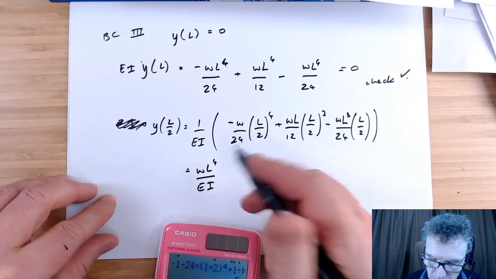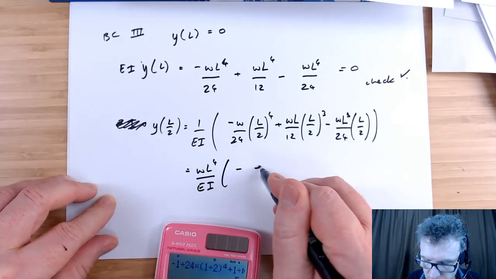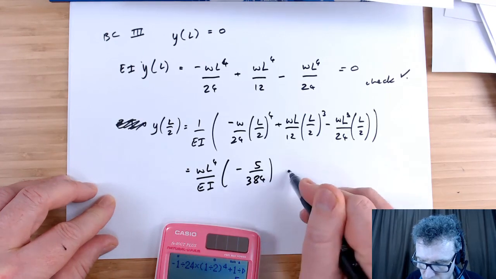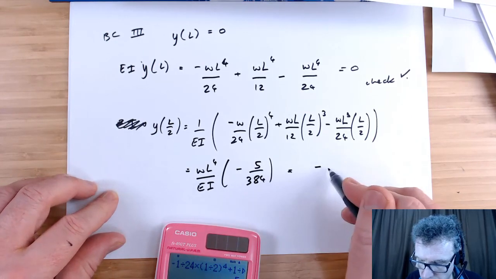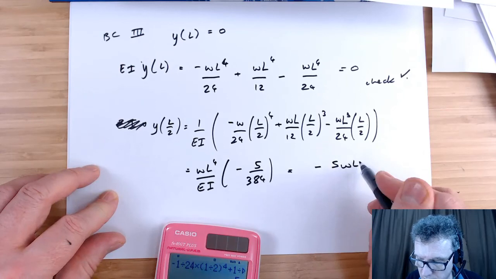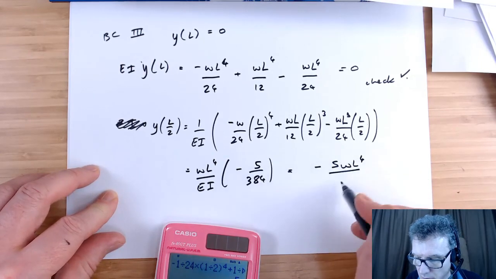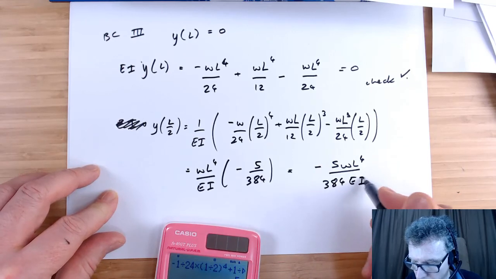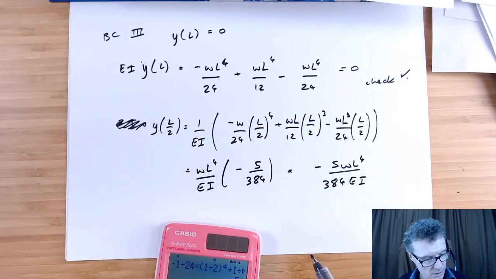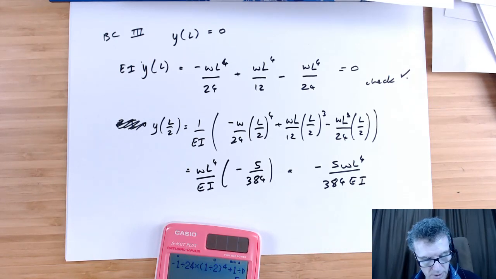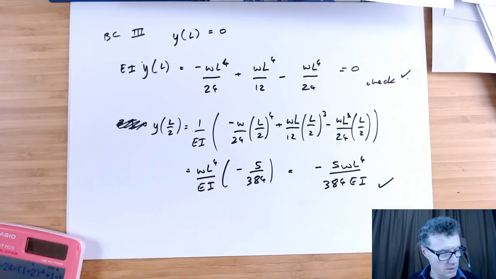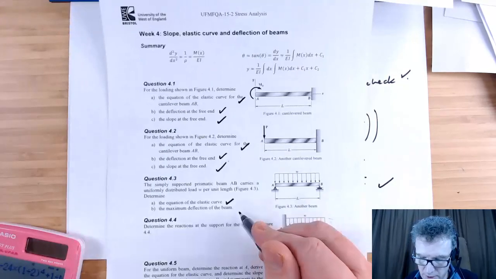So that leaves me with minus 5/384. So rewrite that to be minus 5WL to the power 4 over 384 EI. Okie dokie, and that is the correct answer. So that's that bit done.